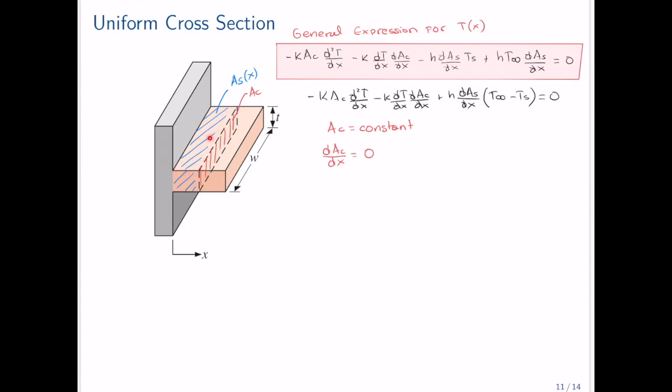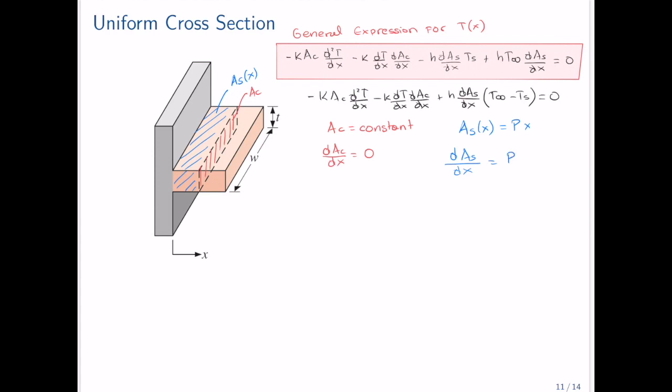So all this blue area, we can decompose as the perimeter of the cross-sectional area multiplied by x. So let me write it. As as a function of x is going to be equal to p multiplied by x. So the derivative of As with respect to x is going to be equal to p.